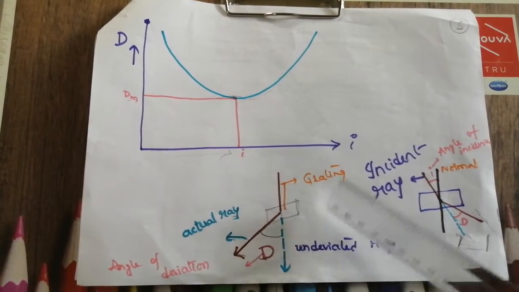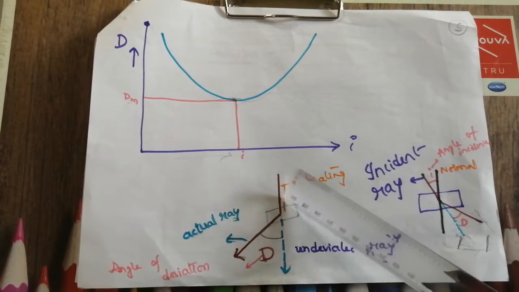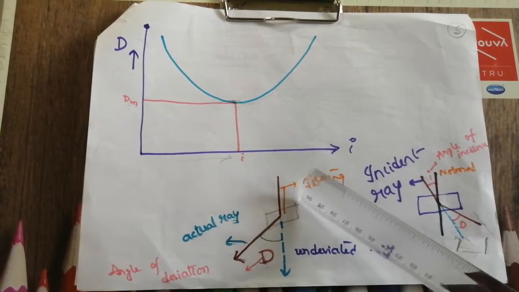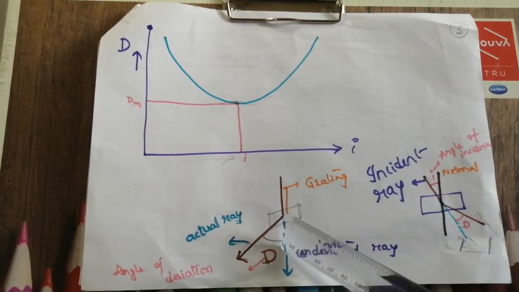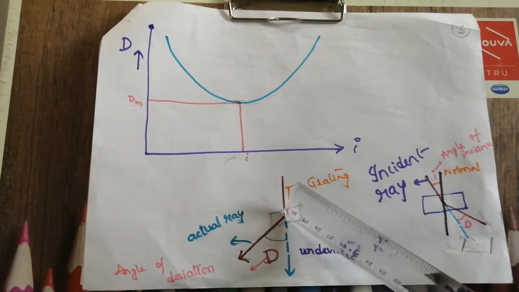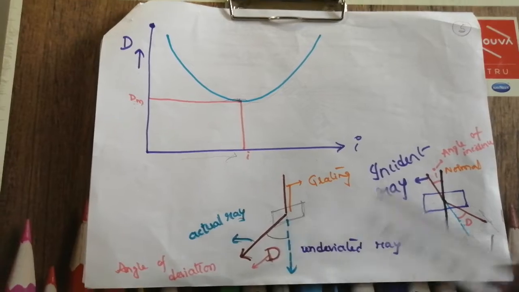Suppose this is the grating, and this is the incident light ray. When the grating is not there, the undeviated ray goes in this direction, but the actual ray is in this direction. So this is the angle of deviation.